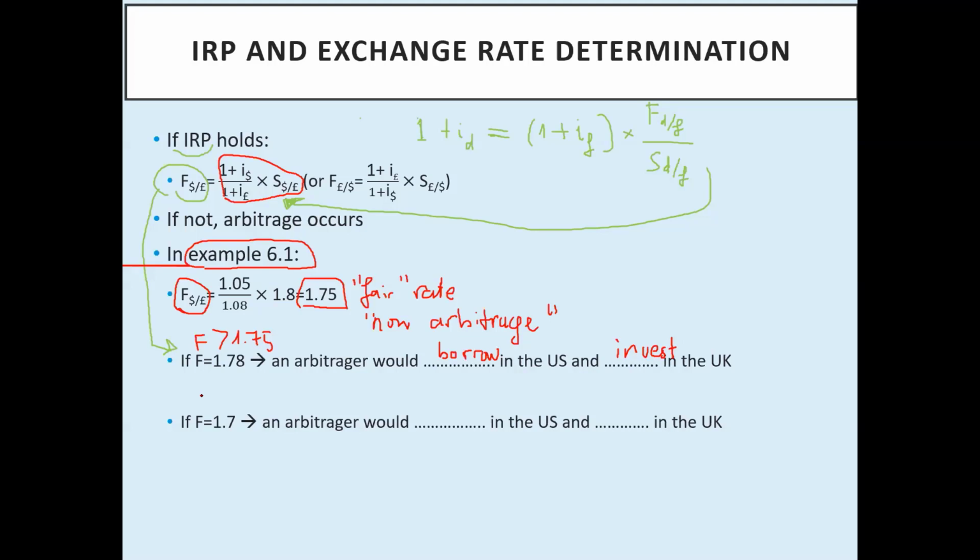In contrast, when the actual forward rate is lower than the fair rate, which is the non-arbitrage rate, then we would earn a profit if we lend in the domestic country and we borrow in the foreign country. So lend and invest is the same, okay? When we say lend, it just means investing.